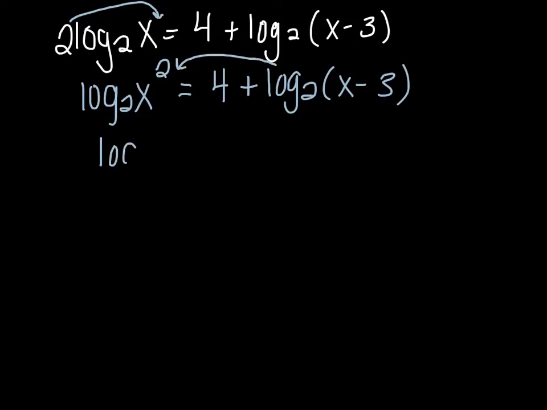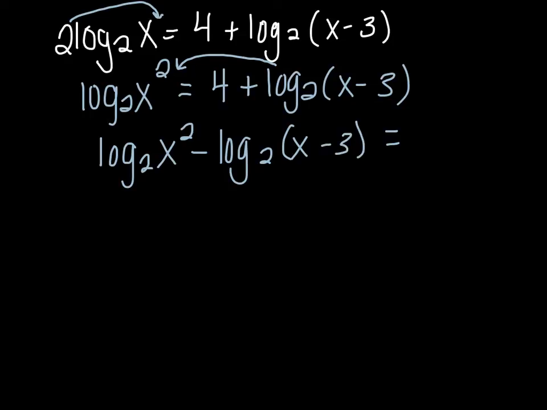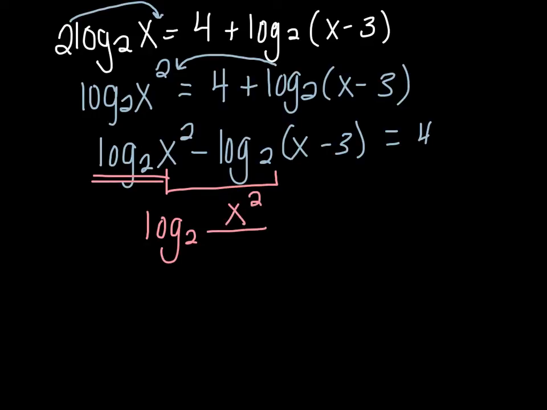So I have log base 2 x squared minus log base 2 x minus 3 equals 4. Now I can combine these two logs into one. So I have log base 2, the positive one, which is this one, goes on the top. The negative one, which is this one, goes on the bottom.